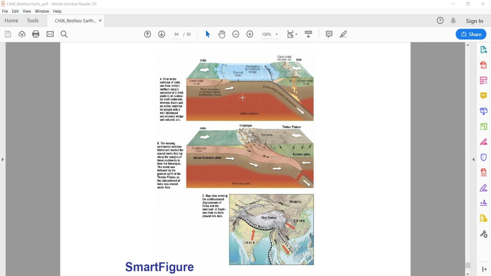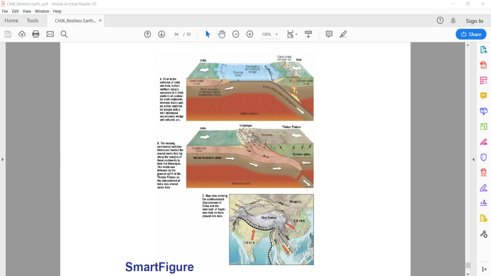Because of the subduction of the oceanic plate, it will continue to pull this Indian plate towards the Asian continental plate. The Indian plate itself will not subduct because it is lighter and buoyant. So the oceanic plate will subduct, but the Indian plate, which is a continental plate, will not.